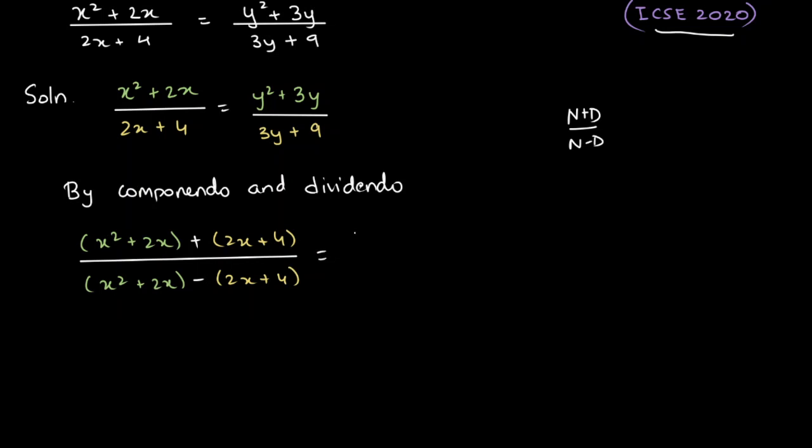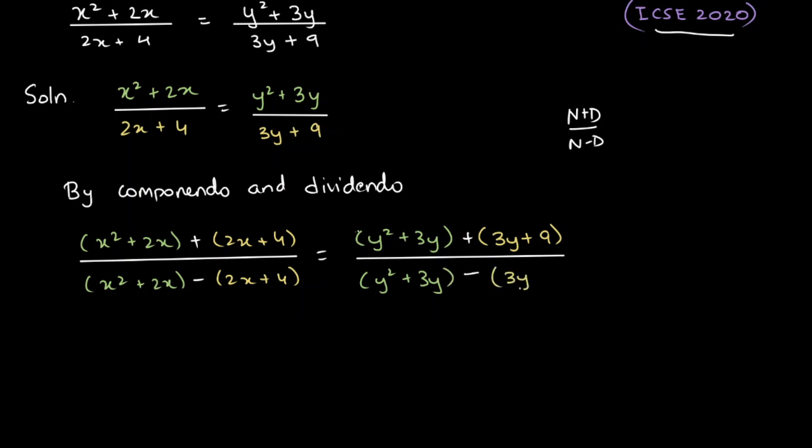And this is equal to my numerator on the right hand side, which is y squared plus 3y plus my denominator, which is 3y plus 9, entire thing divided by my numerator y squared plus 3y minus my denominator, which is 3y plus 9, right? So this is the componendo and dividendo.